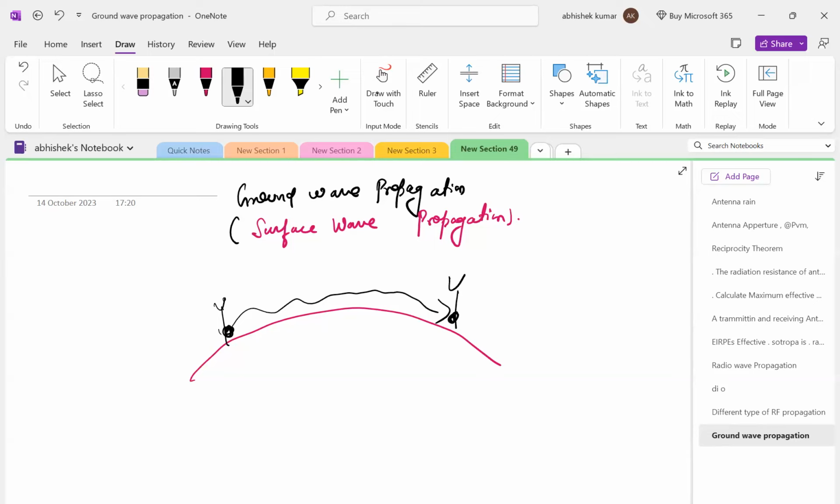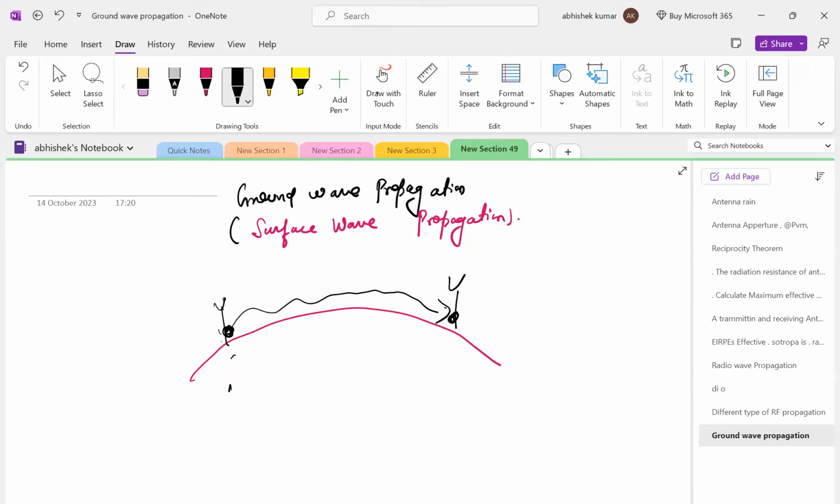As the signal moves, the signal energy gets reduced because of the absorption of energy.